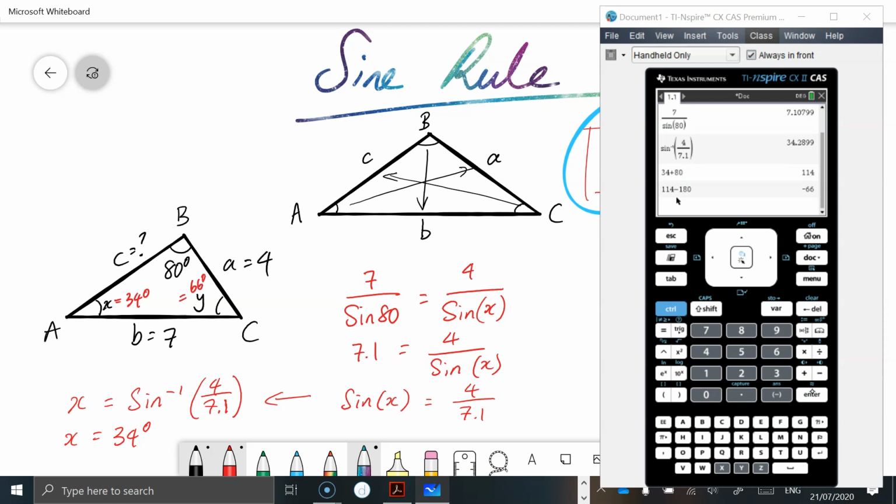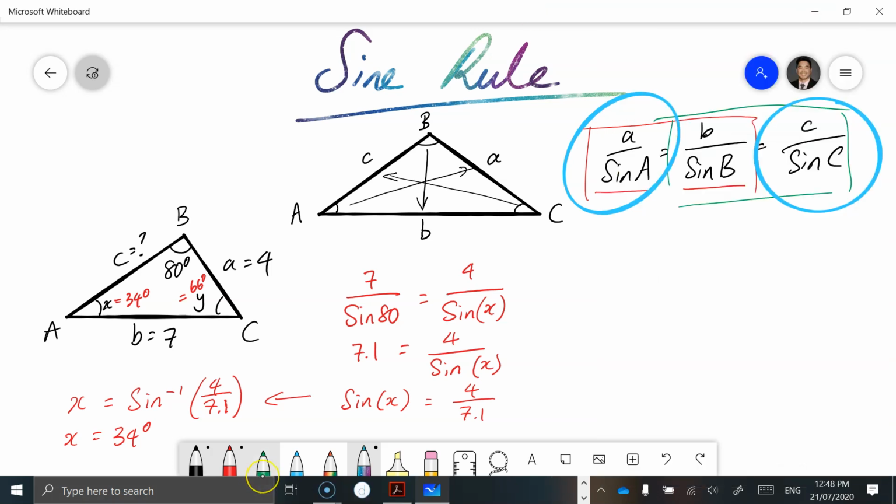All that we're left with is to work out what c is. Okay, and to work out c, we've got a number of options. Again, we've got a over sine A, b over sine B, c over sine C. We need to know what c is. Okay, but we know that the angle C is 66 degrees.